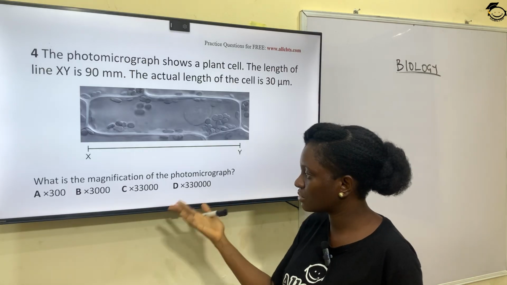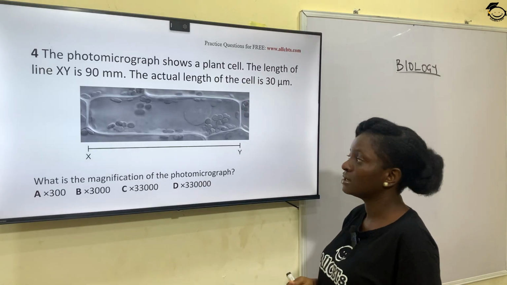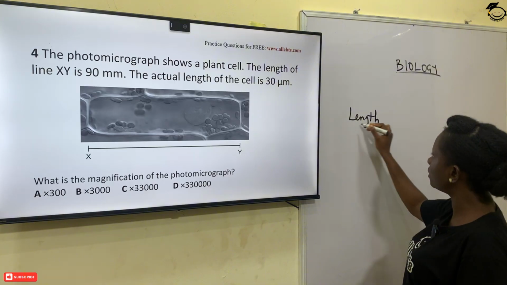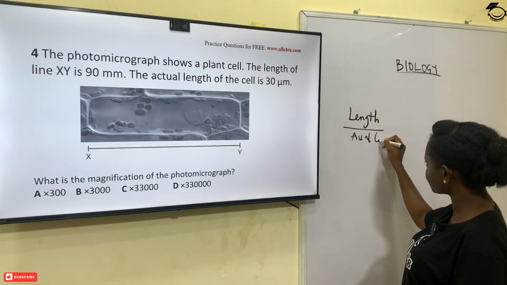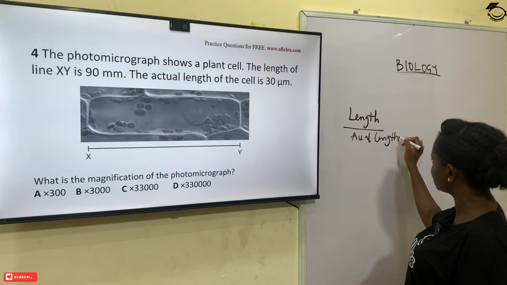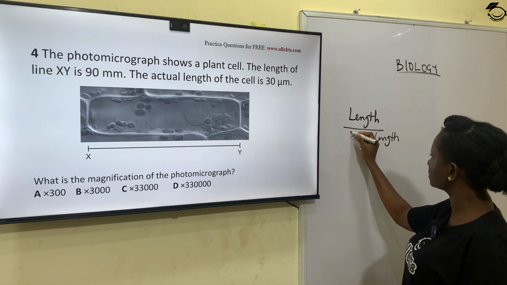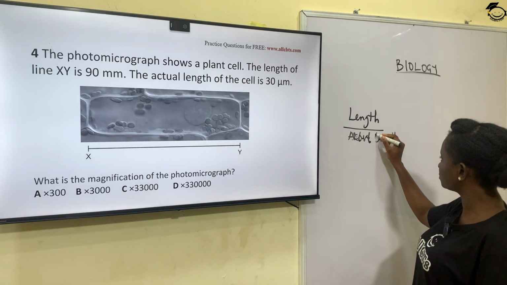So to calculate the magnification, that's the length all over the actual length.